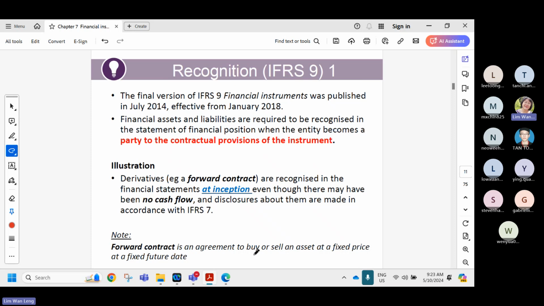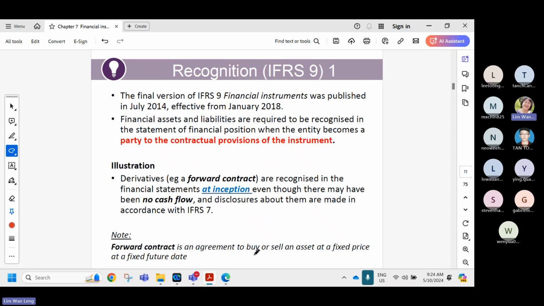But then the thing here is that, how do we put it? Because when you want to engage in this kind of financial instrument, let's say, for example, forward contracts and so on, the cost to enter or to engage in this kind of instrument is very low or zero at the inception.